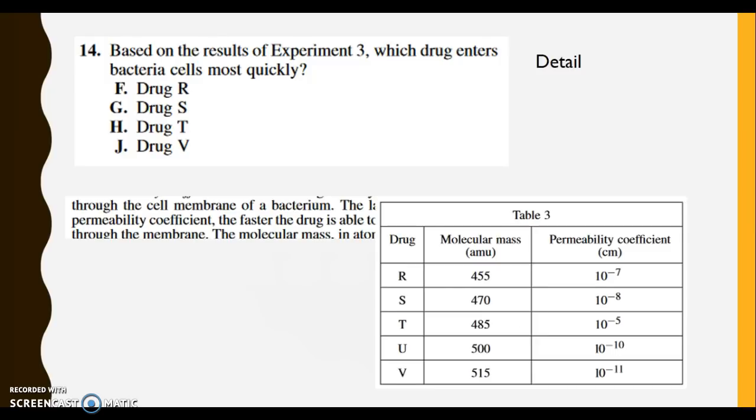So if I come back to my permeability chart, I notice that my largest coefficient, or my largest number, is there at 10 to the negative 5th at drug T. Now, if I have my trend lines drawn in there, I already know that that's my largest without having to go back through and analyze each one of those numbers. I've already drawn my trend lines. That's going to get me over to drug T, which is my answer choice H.